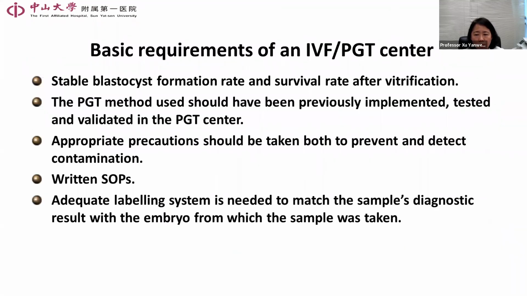Basic requirements of an IVF PGT center. As we all know, there's a high consumption rate during our PGT-A procedure. Maybe it's not caused by the testing.